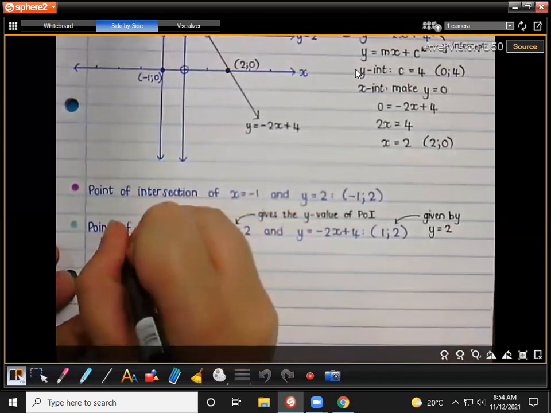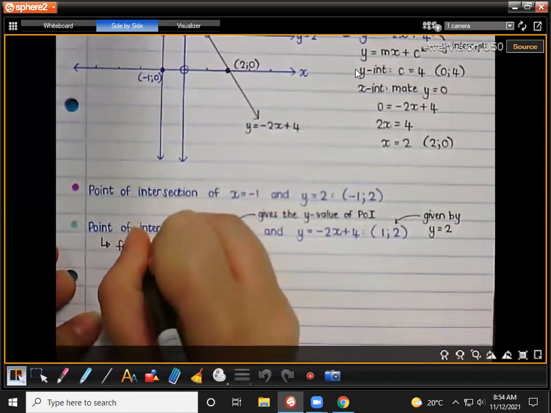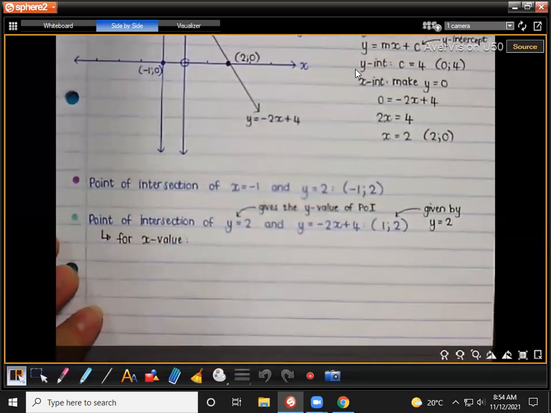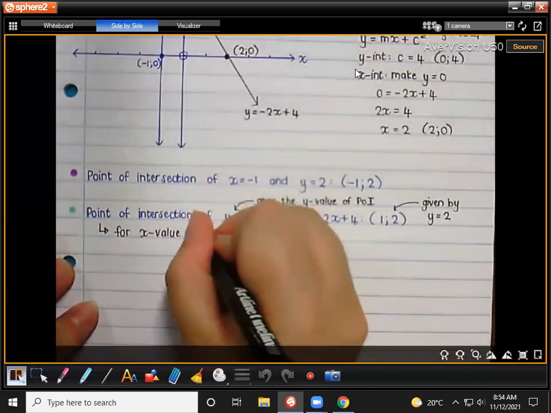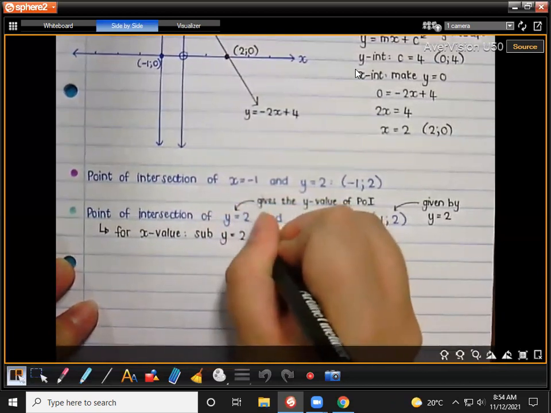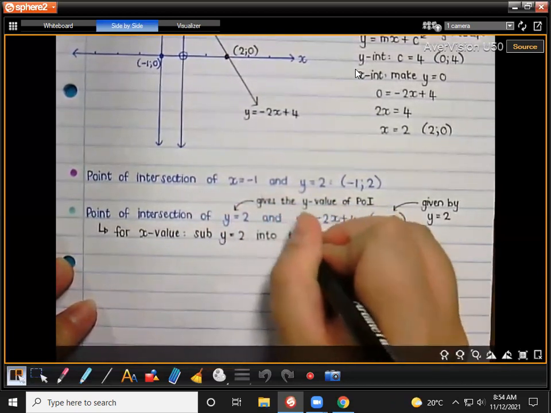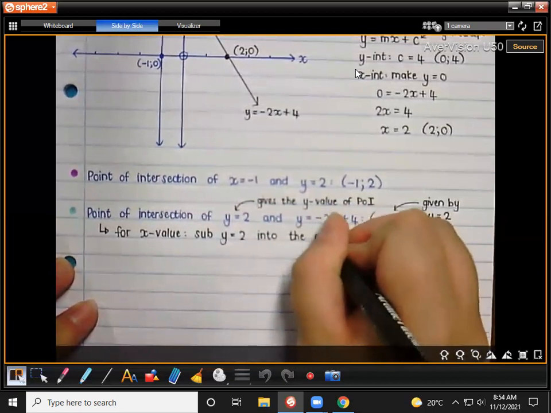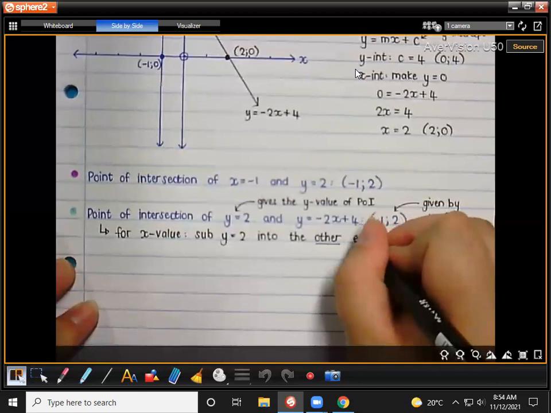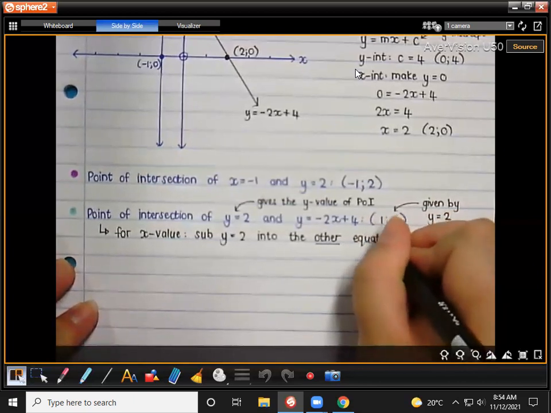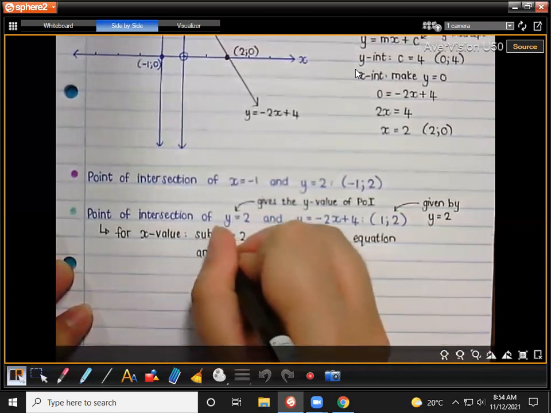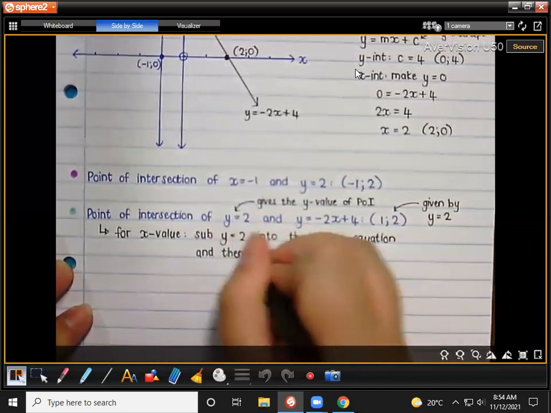All right, so for the x value, sub y equals 2 into the other equation, and then solve for x.